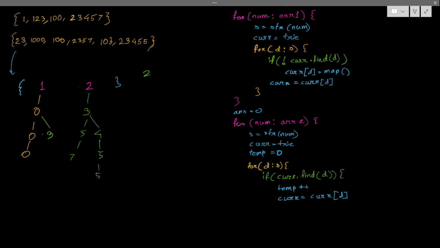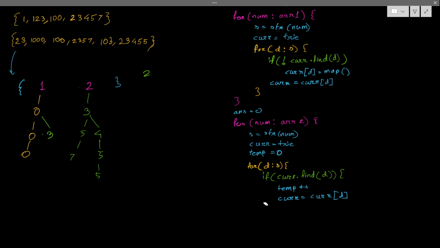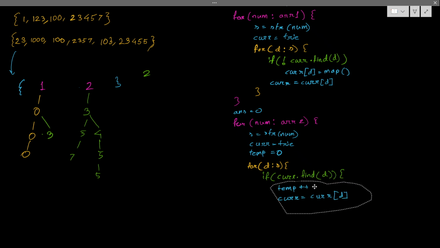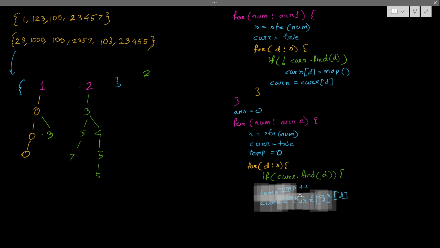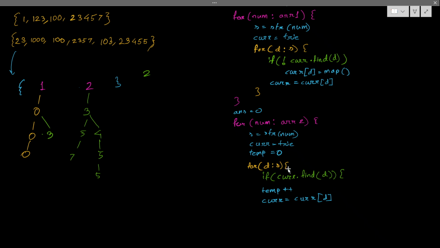Correct. And if it is not present, then I have to break the loop. So I can check that not-present case and break the loop earlier, otherwise I will do this thing. It is simple.